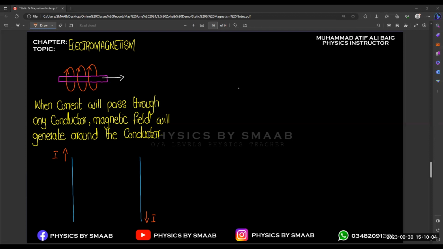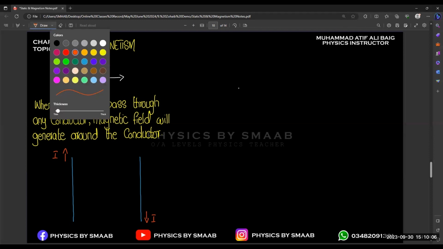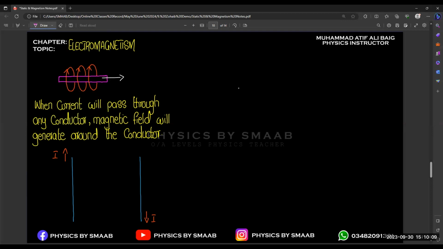Now, first, if we consider the situation when current is moving upward, your magnetic field will generate like this. So if current is moving in upward direction, your direction of magnetic field will be anti-clockwise, right? Because you can see the direction of the arrow, that shows you anti-clockwise rotation, okay?